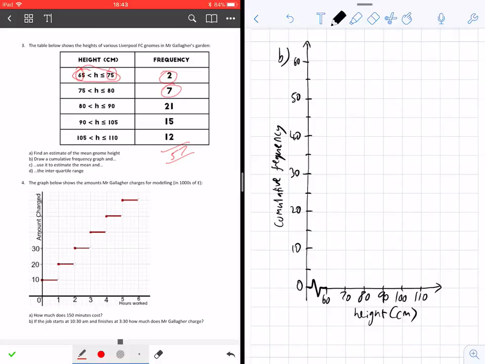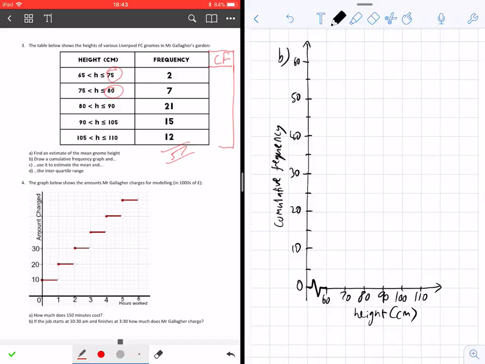So the key when we're plotting these points is that we're plotting at the ends of the category always. So in the category 65 to 75, I'm plotting at 75, 75 to 80, plotting at 80. I'm going to add a column onto the question paper to save ourselves a little bit of space. That's the cumulative frequency column.